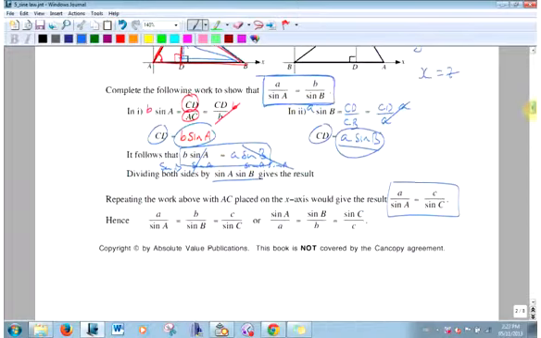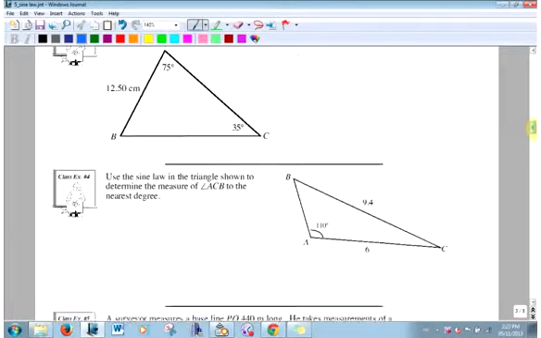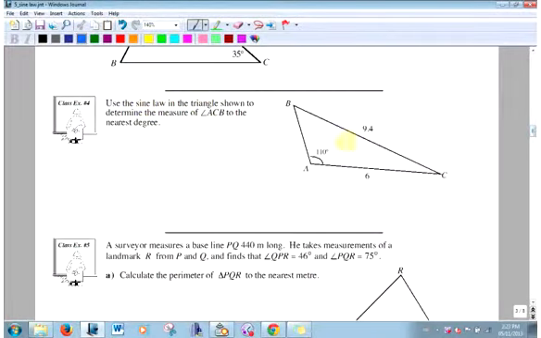Okay, let's see what happens. Use sine law in this triangle to determine ACB. So which angle is ACB first of all? Trace it with your finger. A, C, B, that's this angle down here. Look at the middle letter.